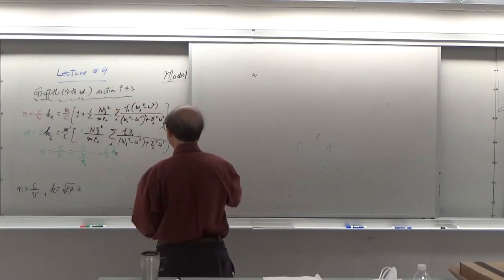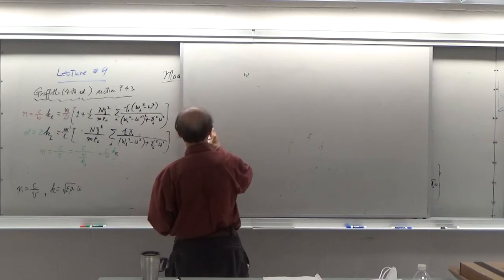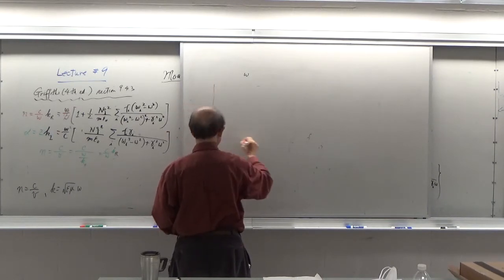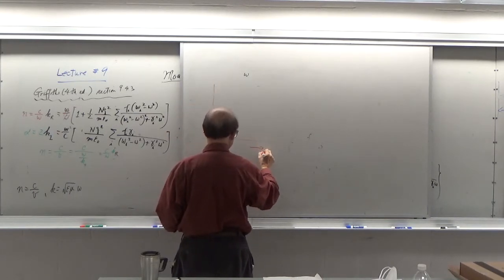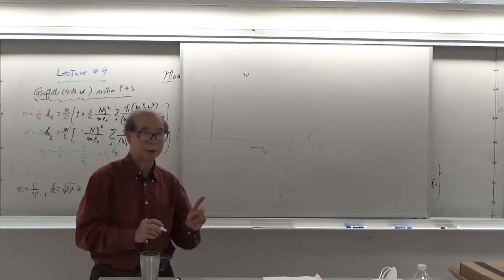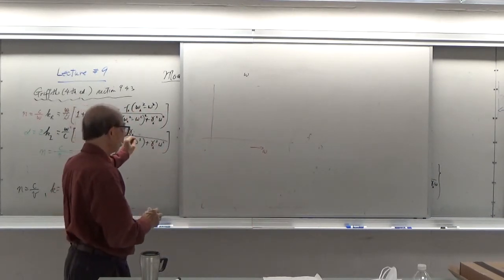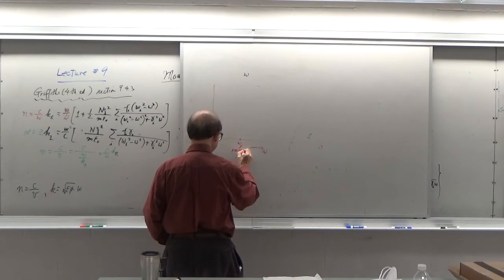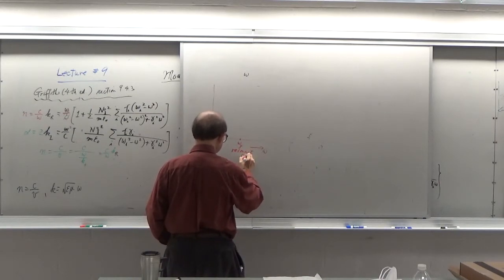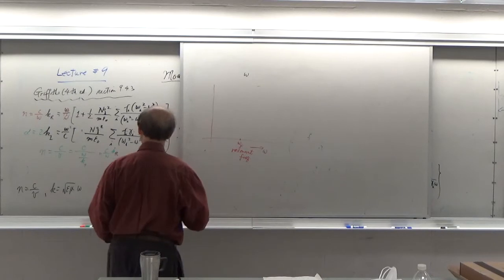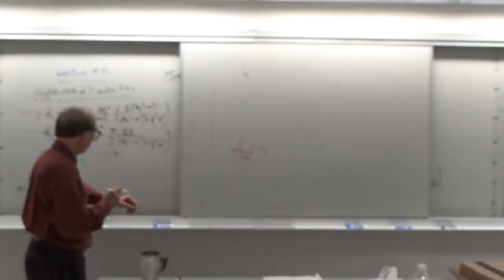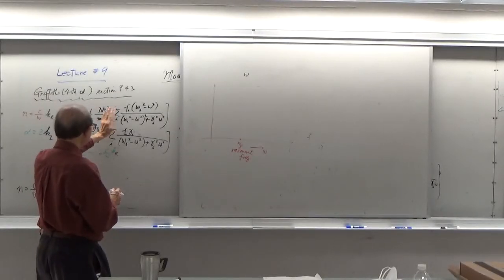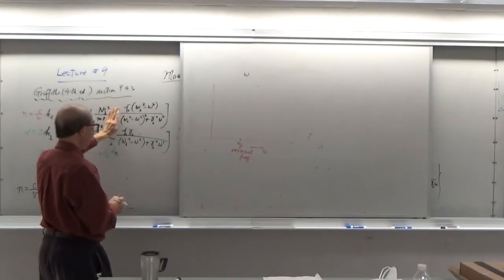Okay, so let me, in fact, roughly make a plot as a function of omega, concentrating on one particular resonance frequency, say omega j here, a resonant frequency. So as a first approximation, in this summation I will forget about the rest.